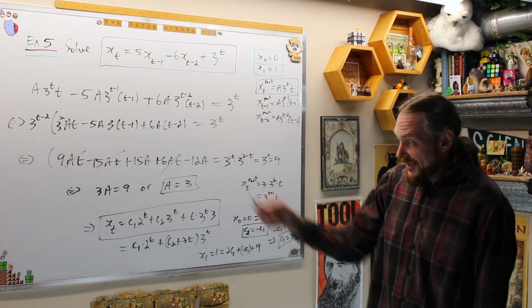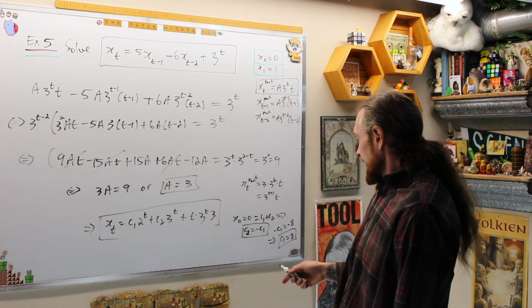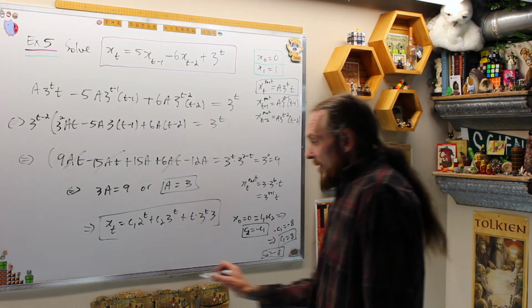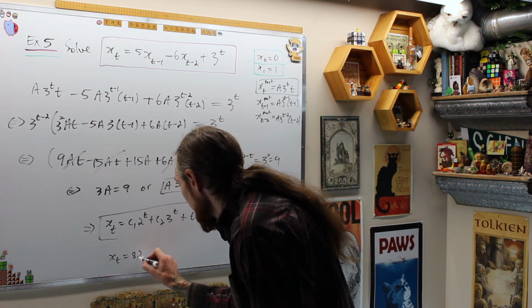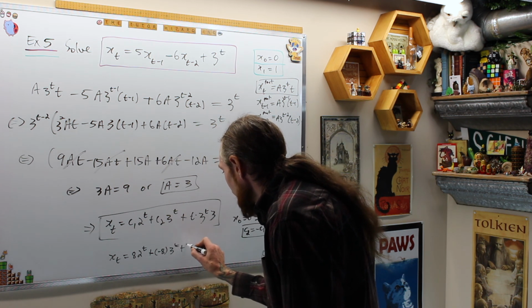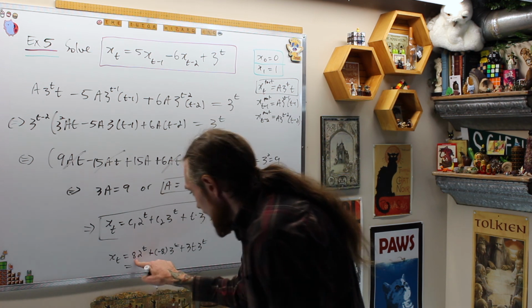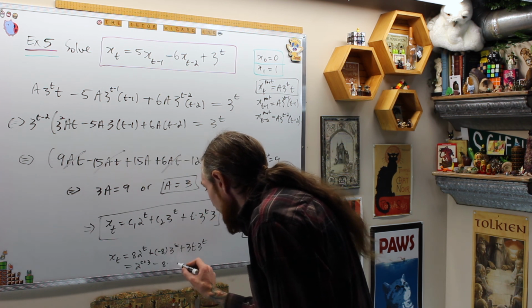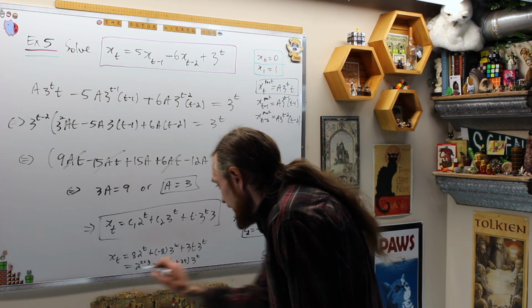But up to the constant, we now have the general solution. What is it? Oh, and coincidentally, that means c2 is negative 8. x_t is equal to c1 is 8, 2^t plus negative 8, 3^t plus 3t·3^t, or if you want to be really fancy, that's 2^3, so this is 2^(t+3) minus 8 times (1 plus 3t)·3^t.